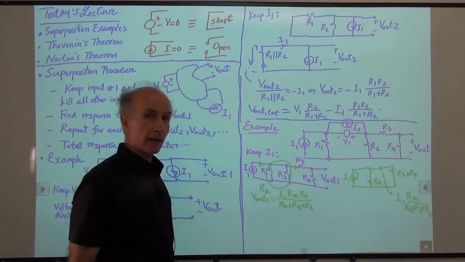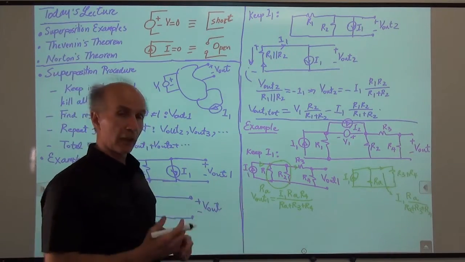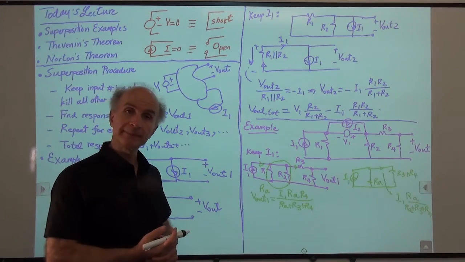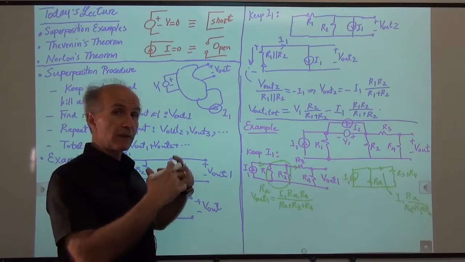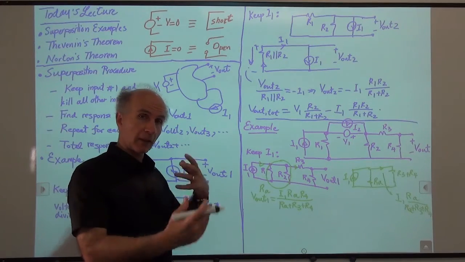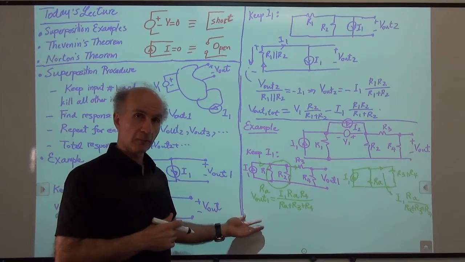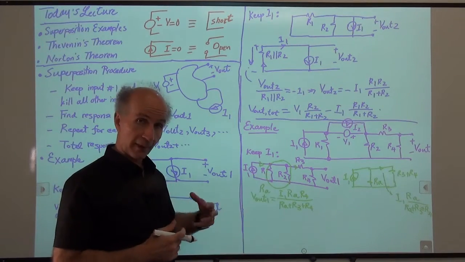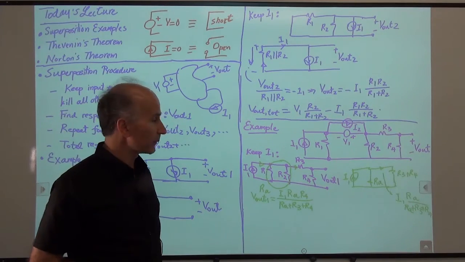Okay, so that's Vout1. That's the voltage corresponding to the response from I1. That was easy, right? Knowing these simple structures, parallel combinations, series combinations, dividers, etc., is extremely helpful because we can just look at the circuit and by inspection try to write the equations.